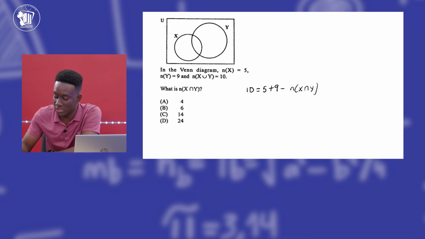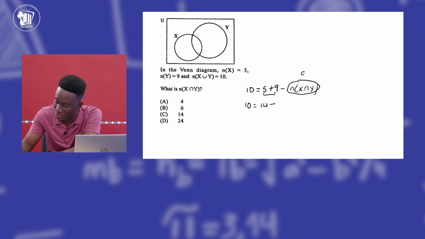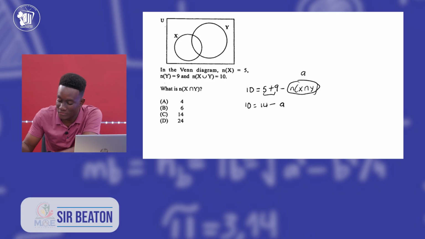All we need to do now is solve this. 5 plus 9 would be 14. So 10 is equal to 14 minus... this is kind of difficult, right? Let me just call this A. So 14 minus A. I'm just writing A because it's too lengthy to write the number of elements in X intersect Y. We're solving for A, which will give us the number of elements in the intersection.